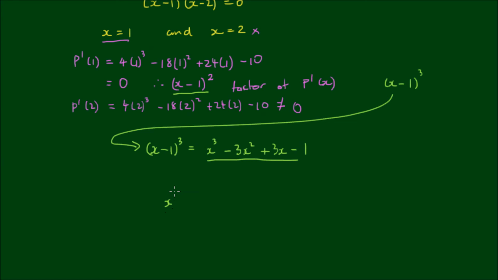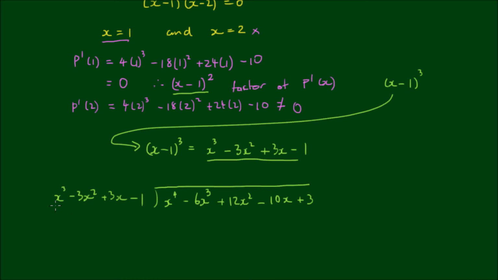So we have x to the fourth minus 6x cubed plus 12x squared minus 10x plus 3 divided by x cubed minus 3x squared plus 3x minus 1.